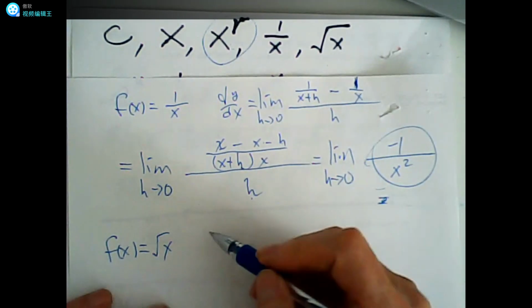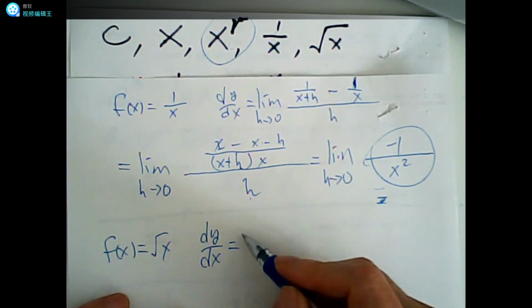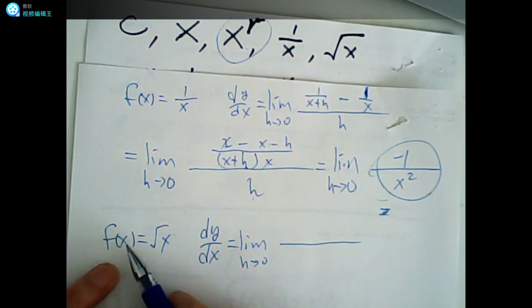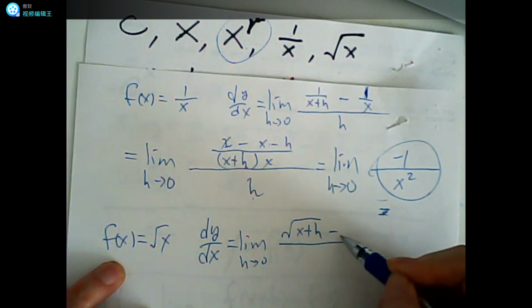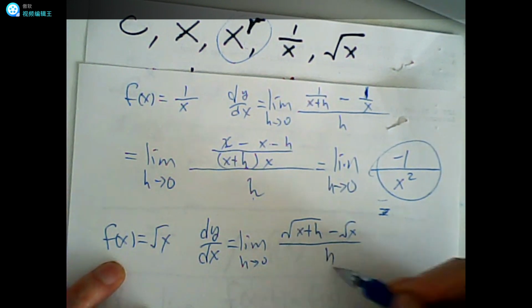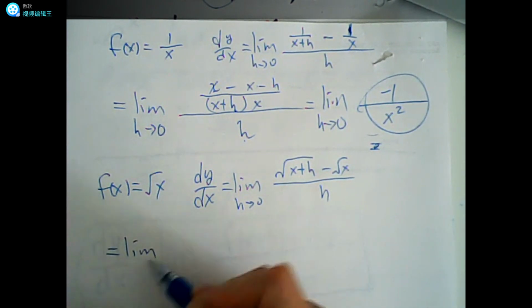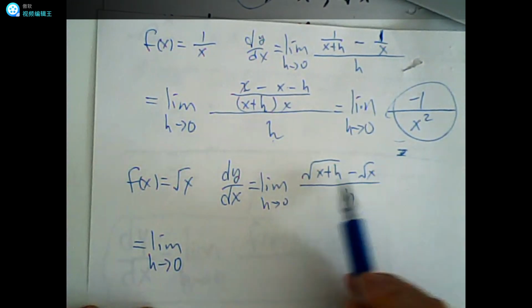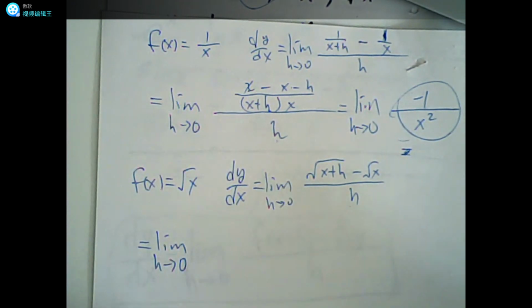Let's derive the derivative. dy dx is equal to the limit as h approaches 0 of the square root of x plus h minus root x over h. Now, all right, the numerator is 0, the denominator is also 0, right? We have to do something.